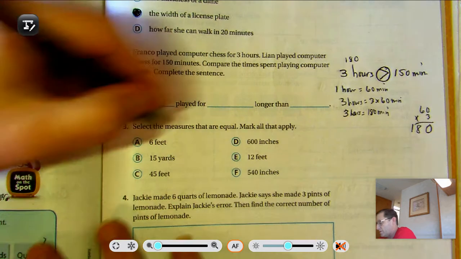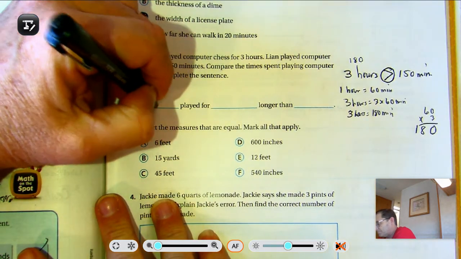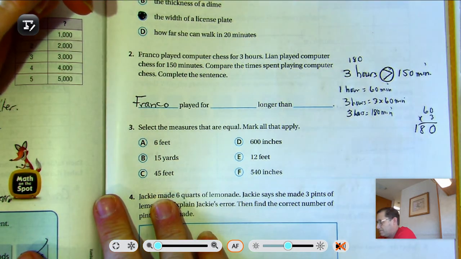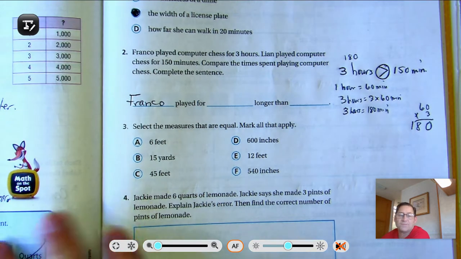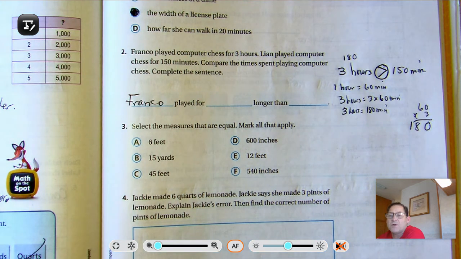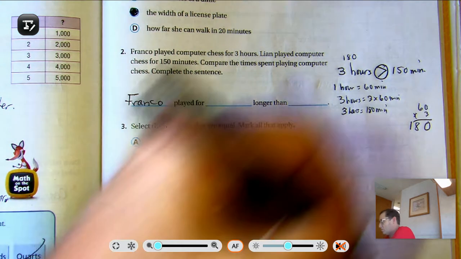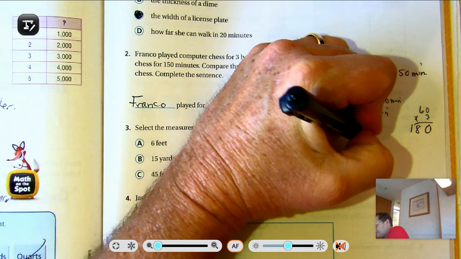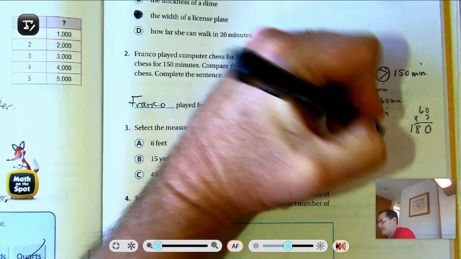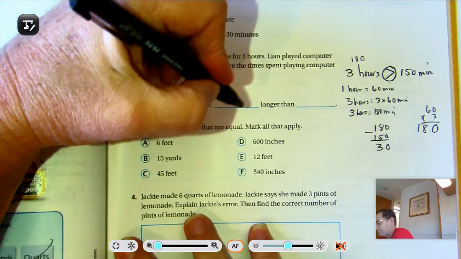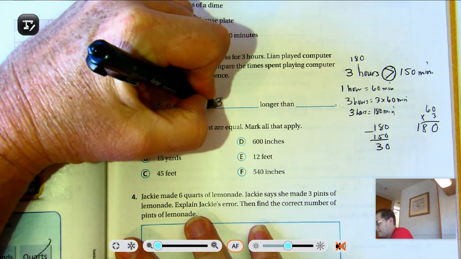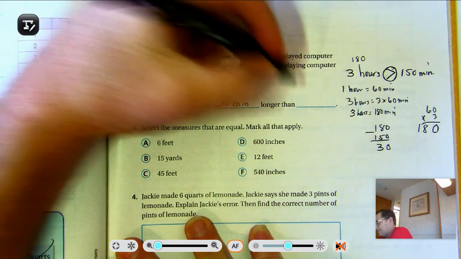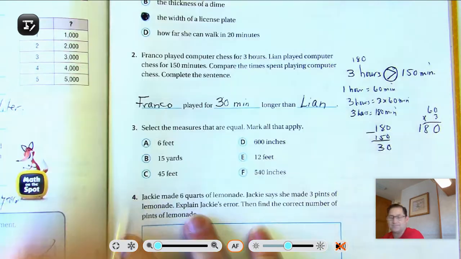So Franco played for blank longer. So how much longer did Franco play? Well, 180, take away 150. He played for 30 more minutes. Played 30 minutes longer than Leanne.